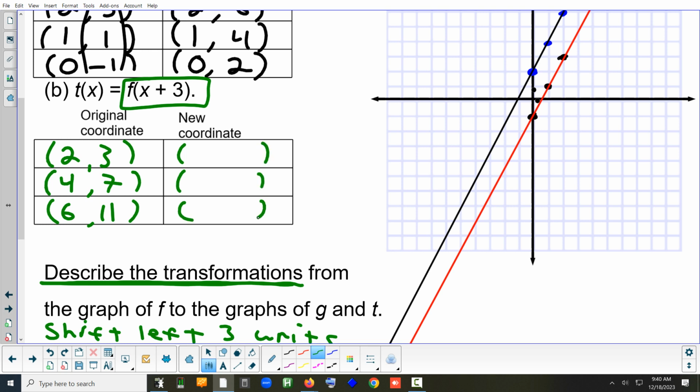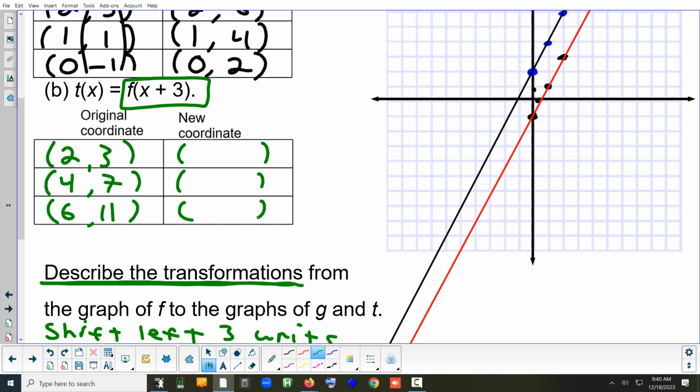On the how to graph. Subtract the number from the x's. So the x's are 2, 4, and 6. And what number are we going to subtract from all of them? 3. Yep. And I'm going to graph it on the same graph I did the other problem.